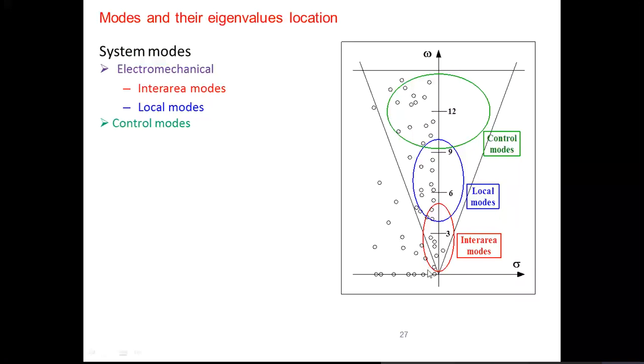Then the local modes will be somewhat higher, and the control modes, those eigenvalues which correspond to the state variables associated with the control system or the control design, are at a much higher frequency. So we have electromechanical oscillations, and then we have control modes, and this is the general representation of how the eigenvalues corresponding to these modes lie on the S plane.